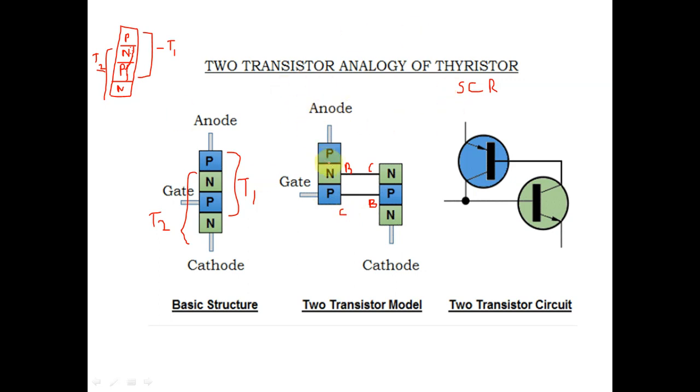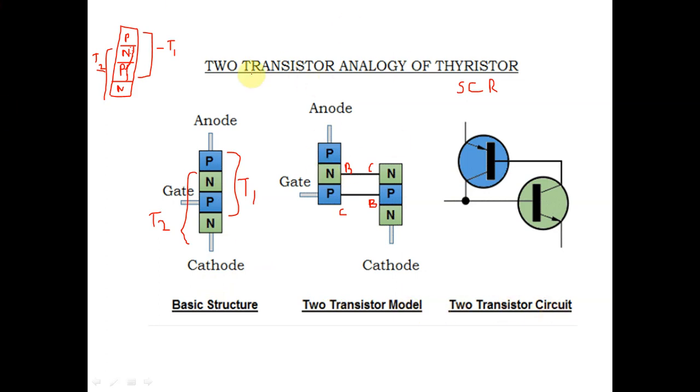Again I repeat, the base of PNP transistor is connected to collector of NPN transistor, and base of NPN transistor is connected to collector of PNP transistor. This is the symbol. The collector of T1 transistor is connected to base of T2 transistor, and the collector of T2 is connected to base of T1. This is the basic structure, two transistor model and two transistor circuit.